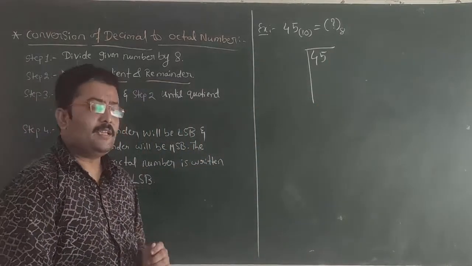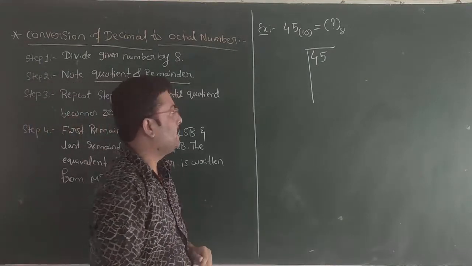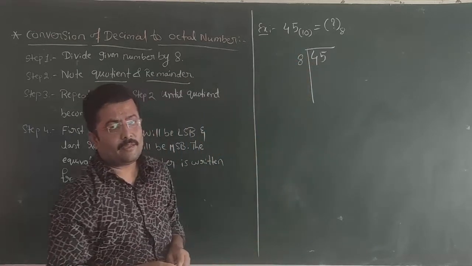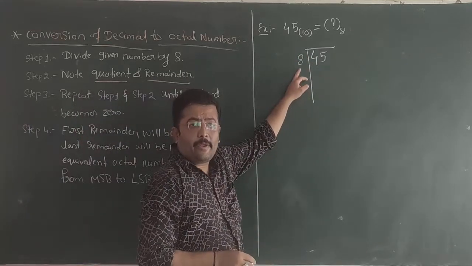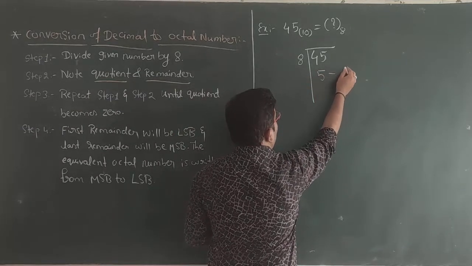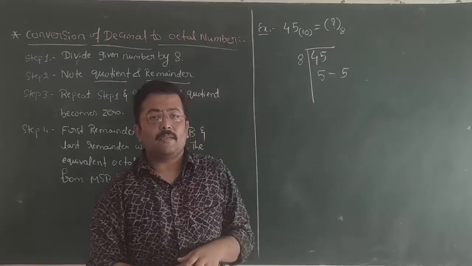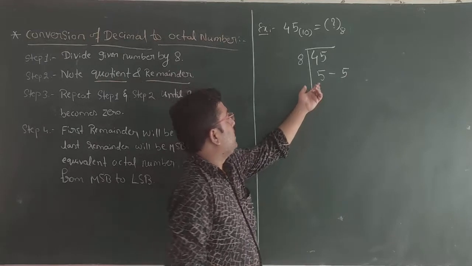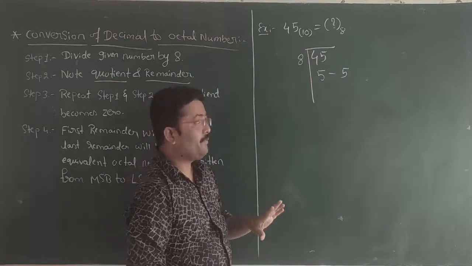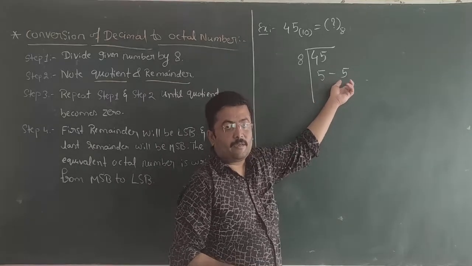Step 1 is to divide the given decimal number by 8. 8 fives are 40. The remaining value is 45 minus 40, which is 5. So this is my quotient and this is my remainder.